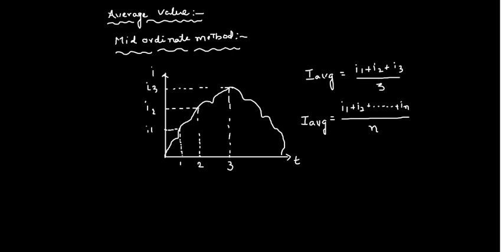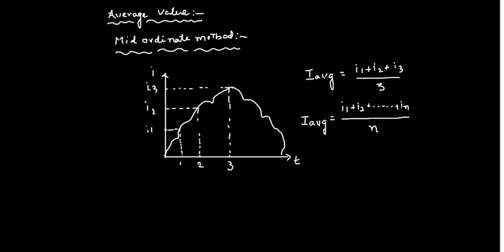So what we have done is take different magnitudes at different instants, add them, and divide by the total number of instants to get the average value. While calculating the average value of any alternating quantity, suppose the waveform is symmetrical, that is, the positive and negative half cycles are equal.